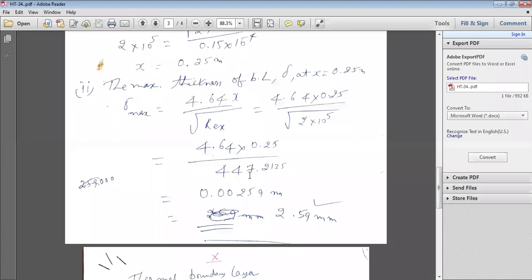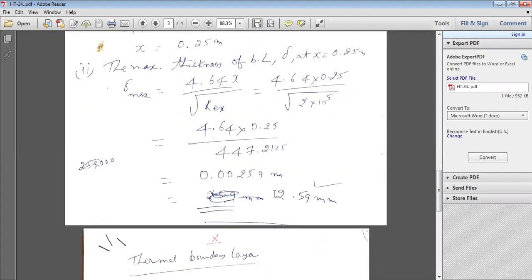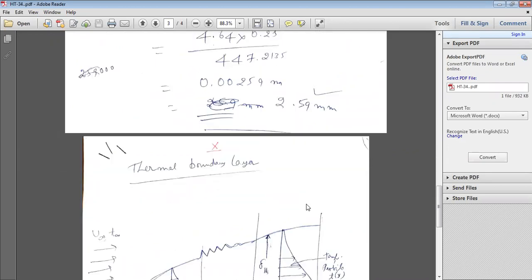If you calculate, the boundary layer thickness delta is equal to 0.00259 meters, that is 2.59 mm.